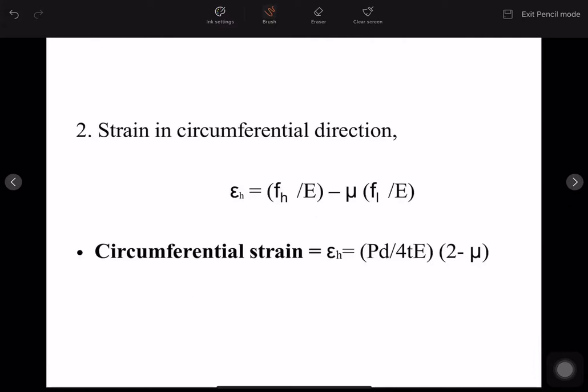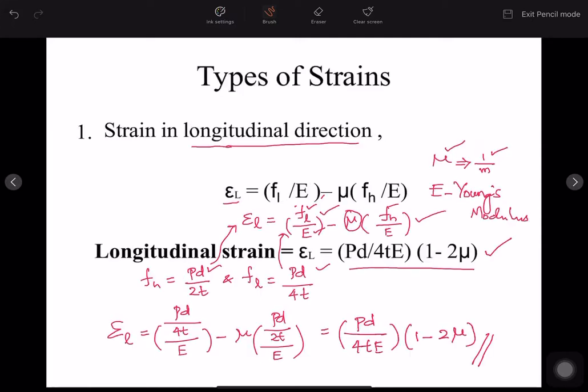Next is circumferential strain or hoop strain. Just observe these two equations. Here we have FL as the first term and FH in the second term.